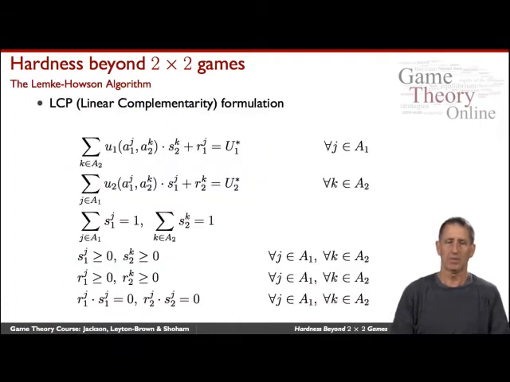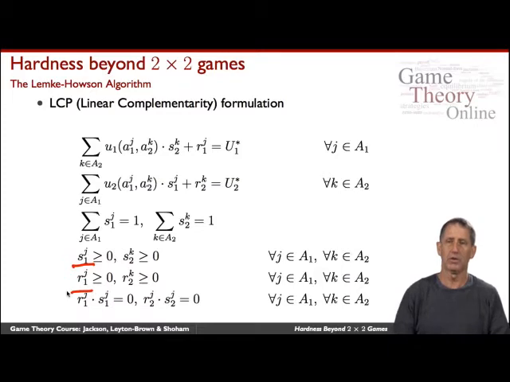So let's start with the Lemke-Howson algorithm, and let's start with a formulation of the Nash equilibrium for two-player games. It looks as follows. And this is a busy slide, but I'll walk you through it, and all will become clear. At heart are two sets of variables, the S's and the R's.